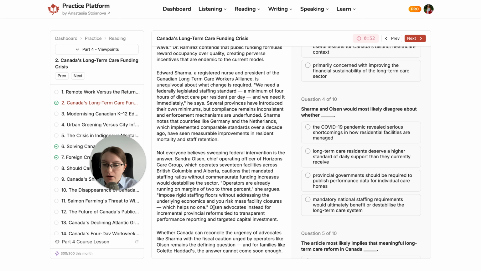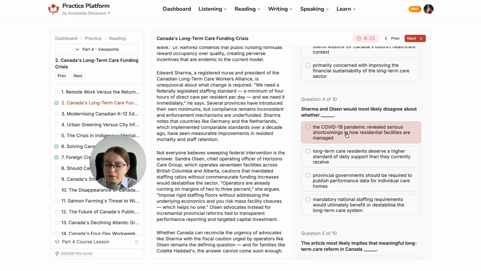So Olsen advocates instead for incremental provincial reforms tied to transparent performance reporting and targeted capital investment. So it's a little bit different, right? First of all, it's like addressing underlying economics. So it's not just how many hours people spend per patient. So it's something else. And what would they disagree about?